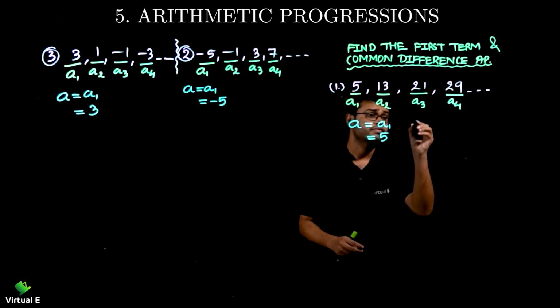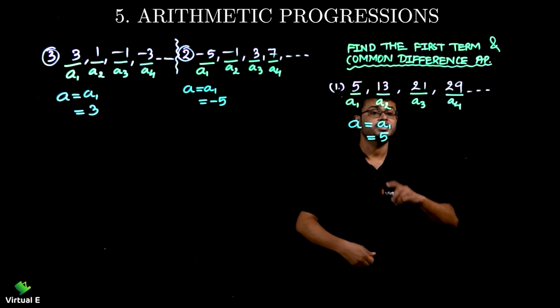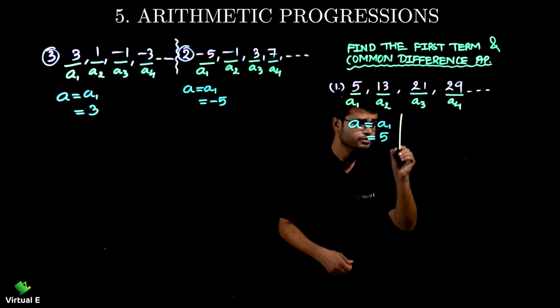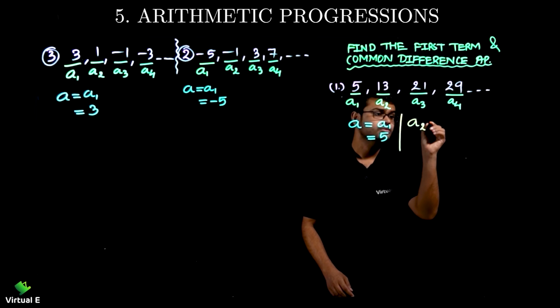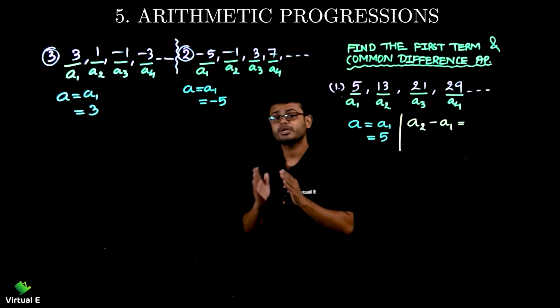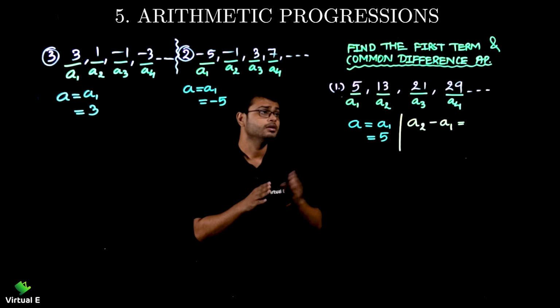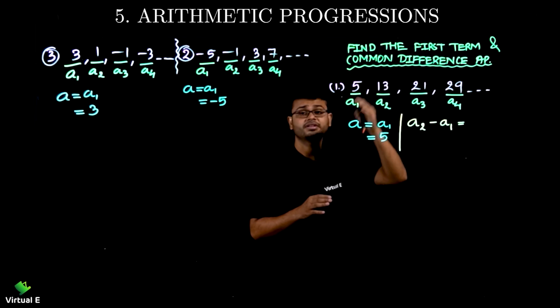Now about the difference. How to find the difference? For the difference, what I'm going to do is subtract a2 minus a1. Two consecutive terms I'm going to subtract. See, a1 and a2, they are consecutive, one after the other.